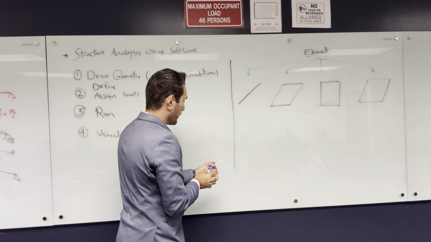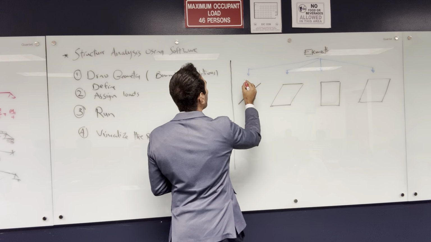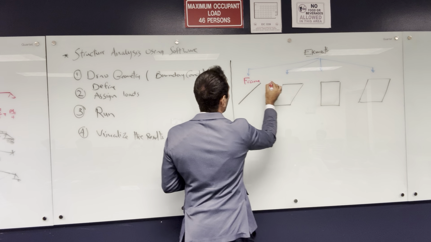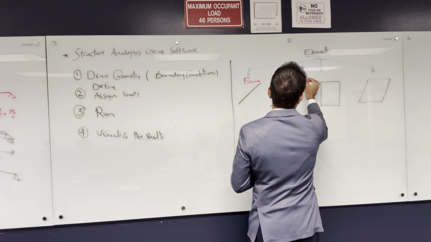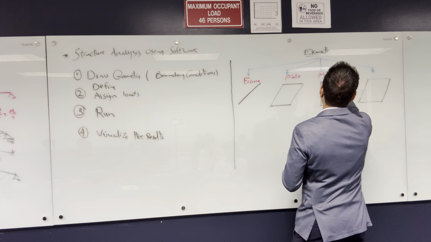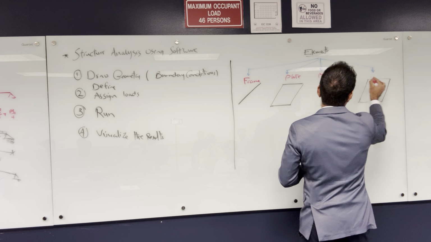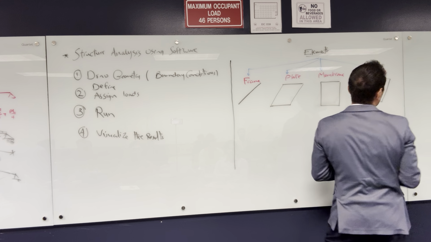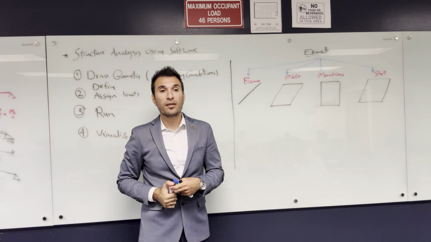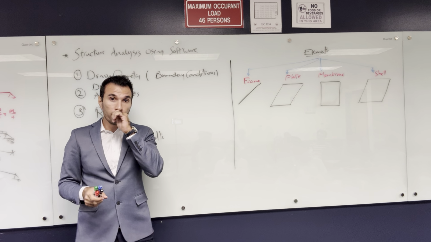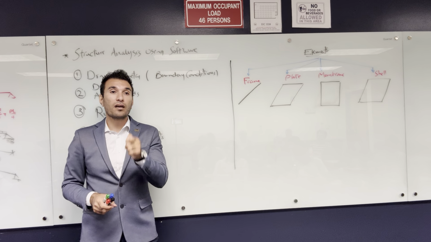So let me write the names. Frame, plate, membrane, shell. By the way, this is a really, really important concept. I know that you guys sometimes use software, but you don't know what elements you are using.